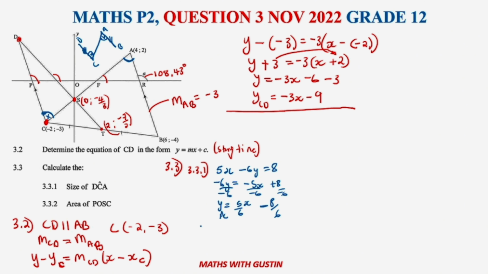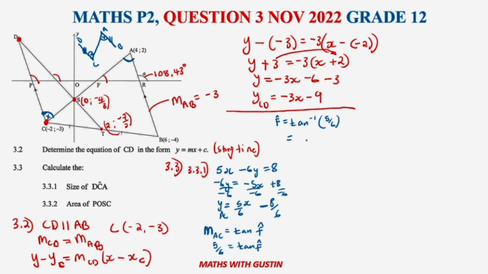All right, so if we're looking for F, the gradient of this line AC should be equal to tan of angle F. So you already know this one, it's 5 over 6, equal to tan F. Therefore we can come into our calculator and say angle F is given by tan inverse of 5 over 6.